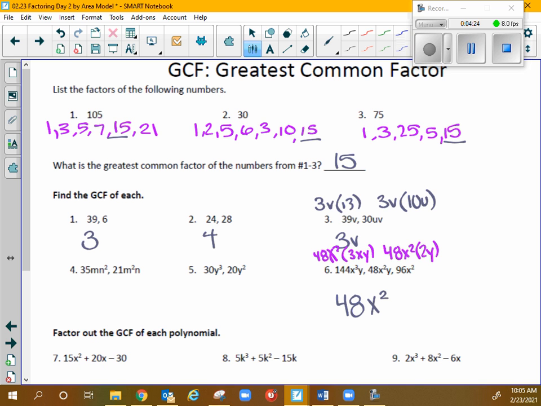Okay. If I have 48x squared, what do I have to multiply it by to get back here? 2. This was just 1 y, sorry. 2. So you see the y is not in the last one, so I can't use it as a GCF because it's not included in everything.